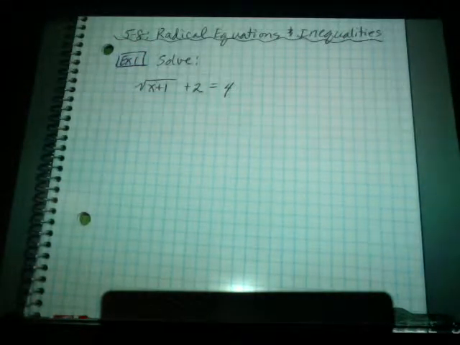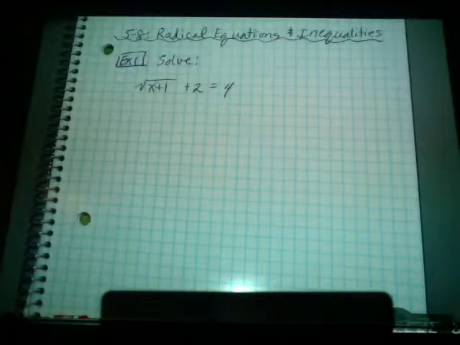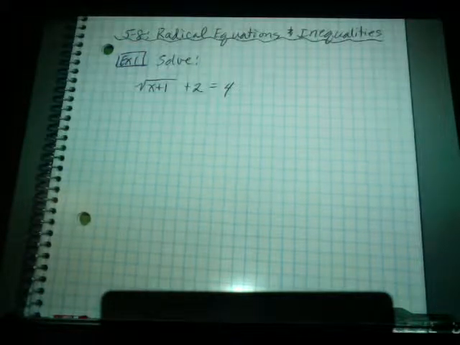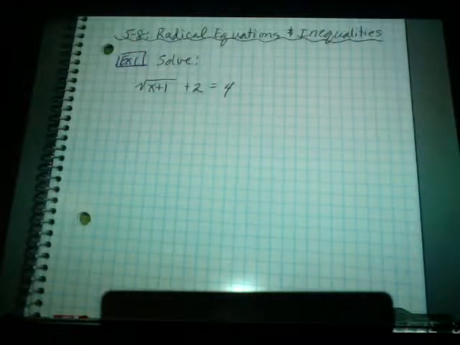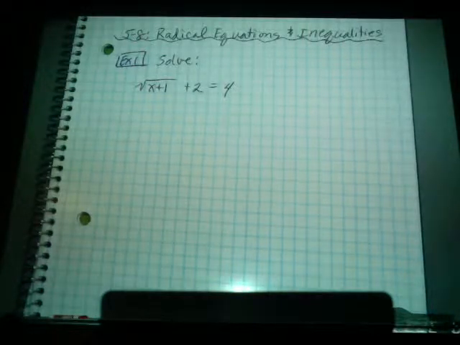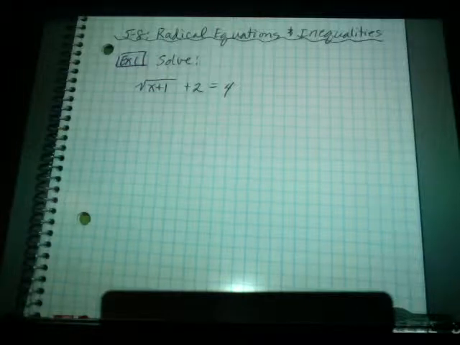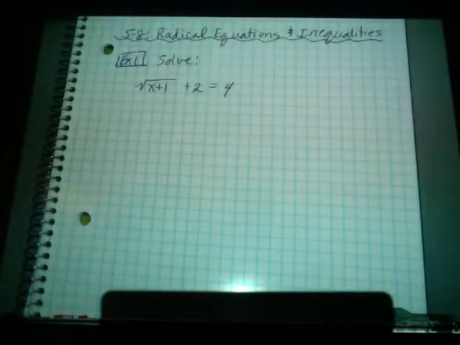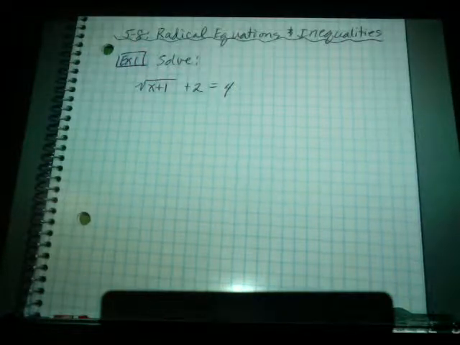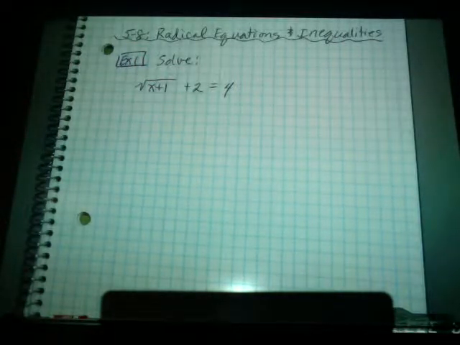You have to get the radical on one side by itself first, then you can square both sides. Make sure you check it, and you have to show the check.